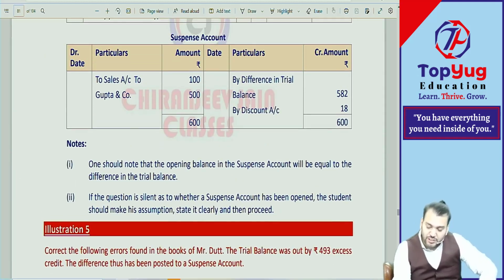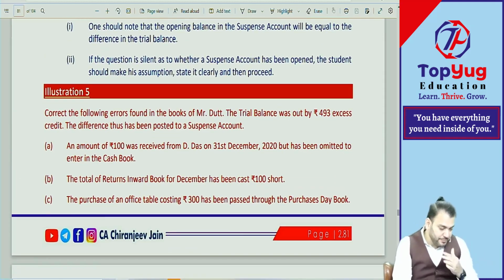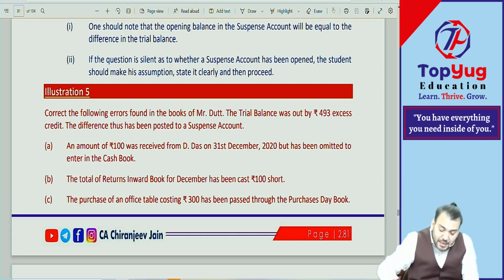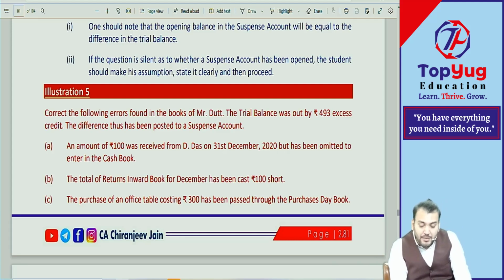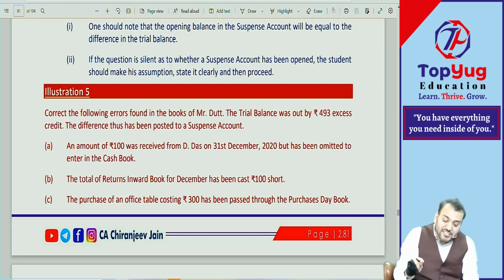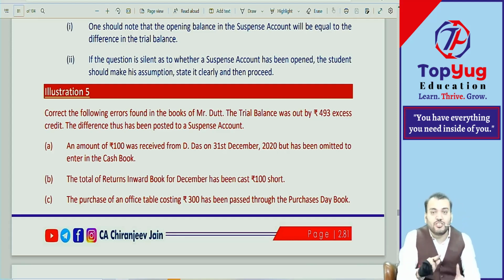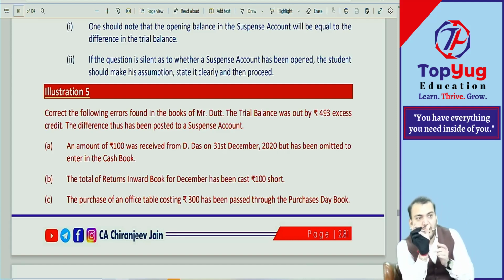Now coming to illustration number 5. Correct the following error found in the books of Mr. Dutt. The trial balance was out by 493 excess credit. So the credit total was more than the debit total. The suspense account will be debited initially, it will come as a debit balance.